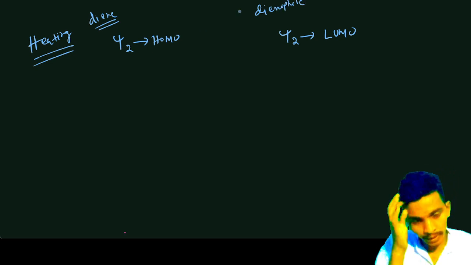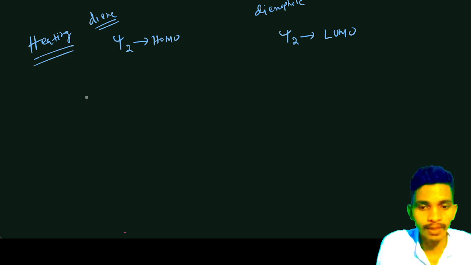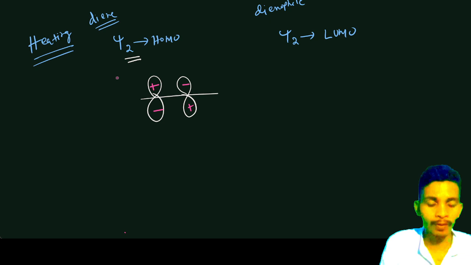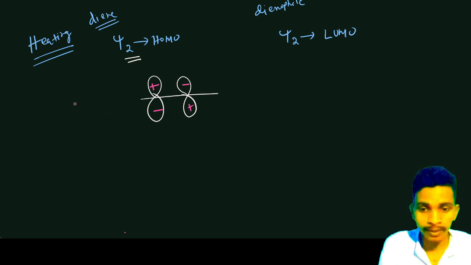If we do the representations, for the diene, let's say these are the terminal lobes. Since this is an even number, if one is positive then the other has to be negative, because with an even number they have opposite signs. This is for the diene case.